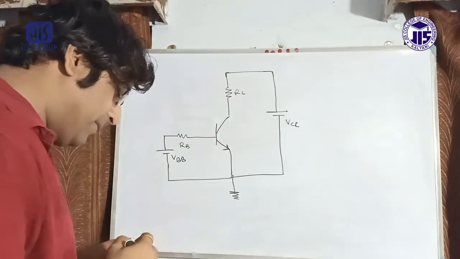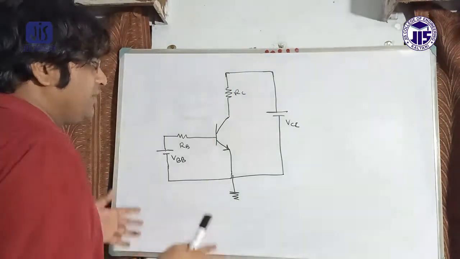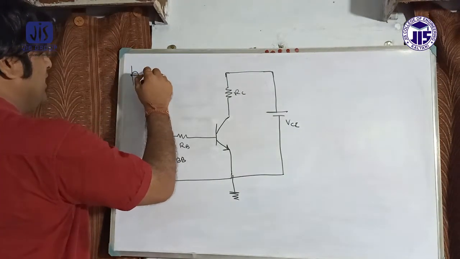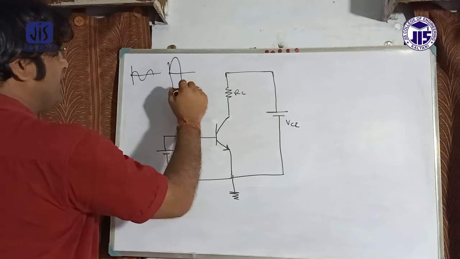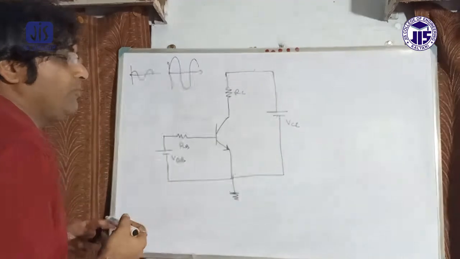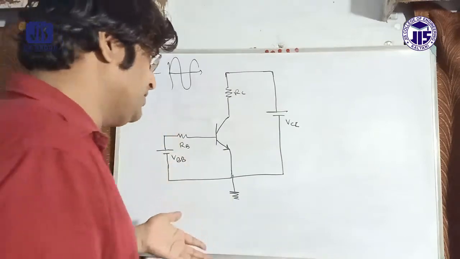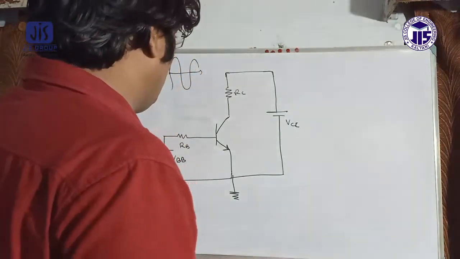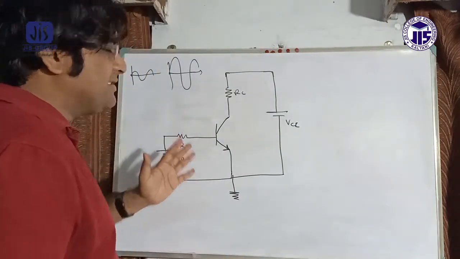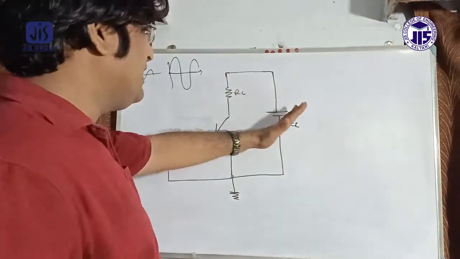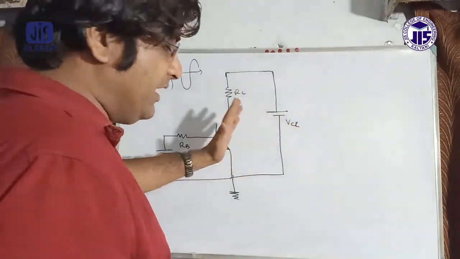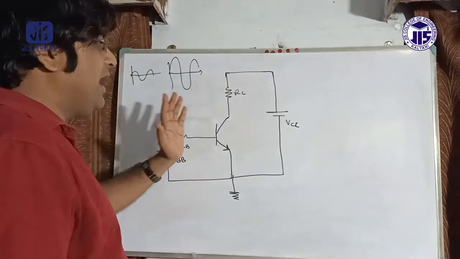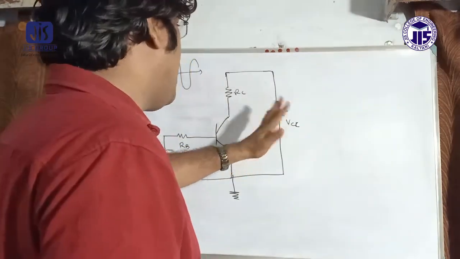Okay, very good. But now this is the right time to go for the analysis. Suppose there is a signal that I want to amplify and get this type of signal. How can it be possible? What is the procedure? In the previous case we saw that the base part is the input side, and the collector-emitter part is the output side.